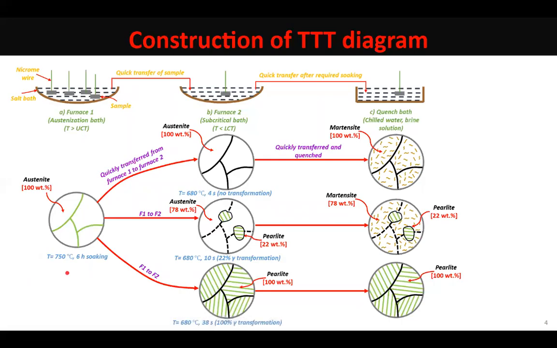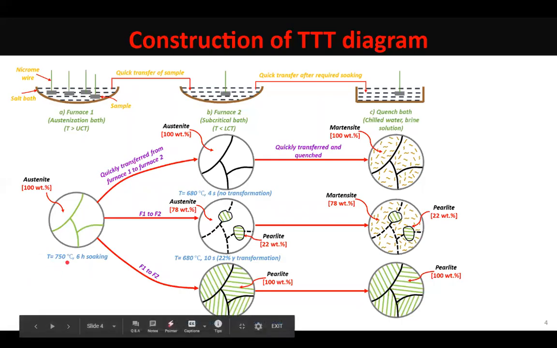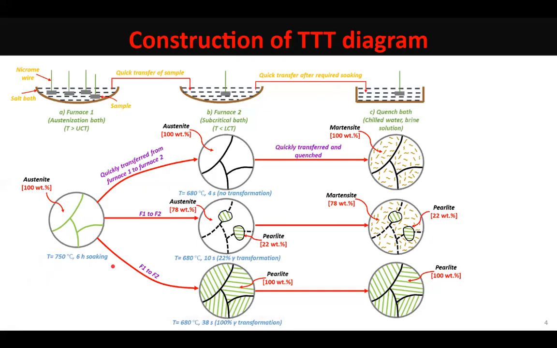So when you have held the steel sample at 750 degrees centigrade and given 6 hours of holding at that temperature, let us suppose that the steel gets a 100% austenitic structure. Now this steel sample is immediately transferred to this second furnace, and in this second furnace, let us assume that we have held the steel at a temperature of 680 degrees centigrade.